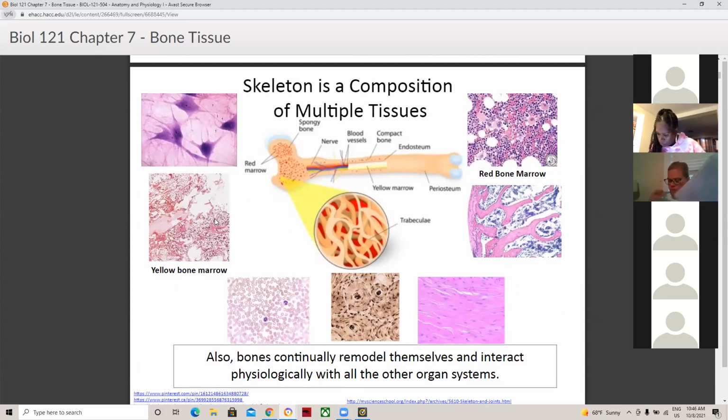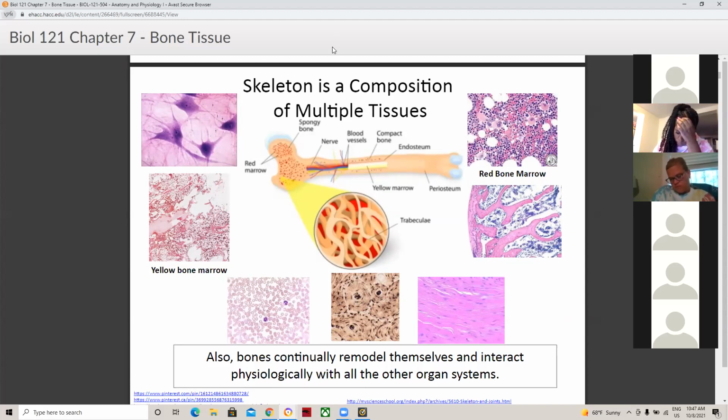So all nervous tissue, bone marrow, blood, connective tissue, bone or osseous tissue, some red bone marrow, some adipose tissue, all found in bone. Bones also continually remodel themselves and interact physiologically with other organ systems.